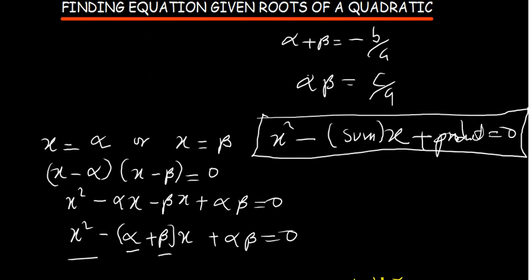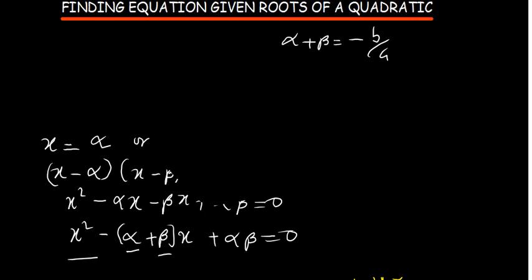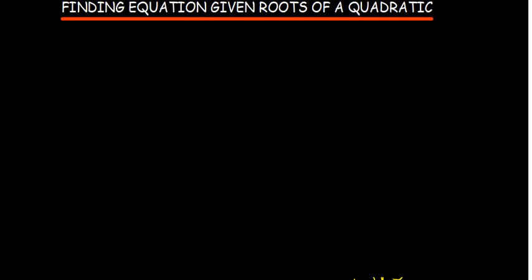A very simple example, since we know now the equation. Let's say we've been given that an equation has roots 6 and 4.